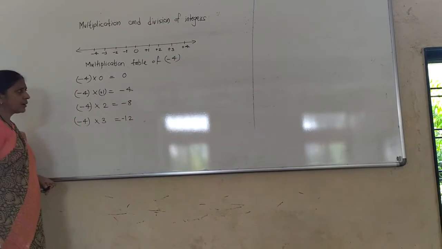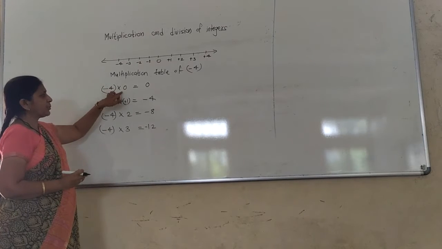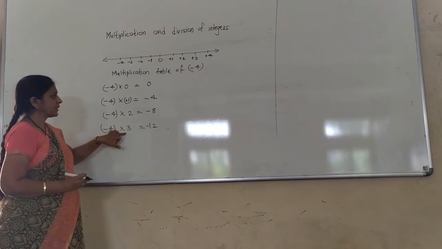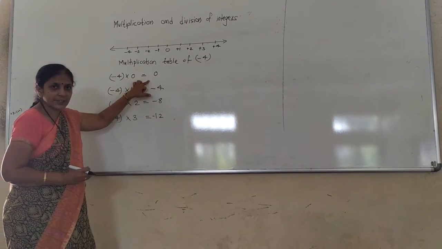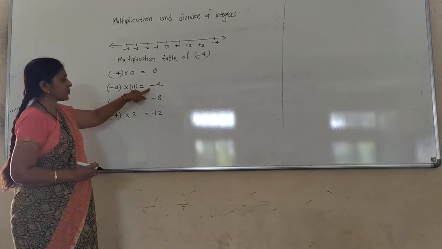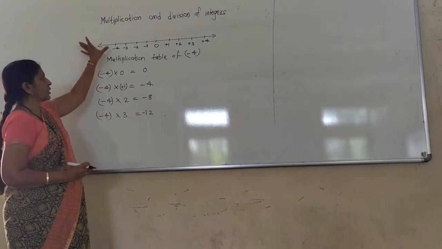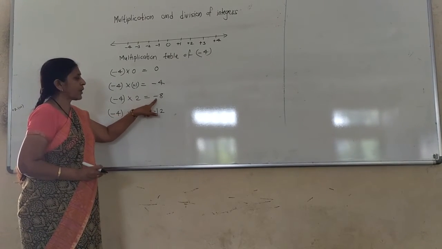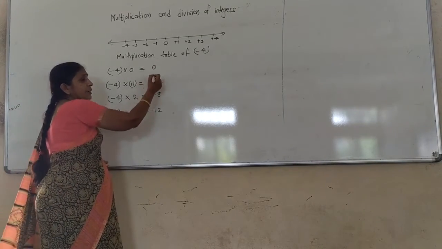Now if you see here, the multiplier of minus 4 increases. As it increases, its product decreases. Because if you compare minus 4 and minus 8, minus 8 is a smaller number, and compared to minus 8, minus 12 is again smaller. So here the product is decreasing.